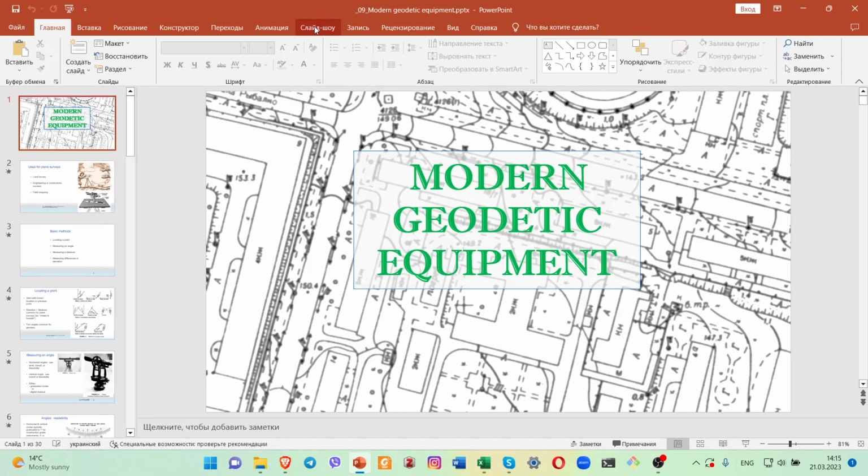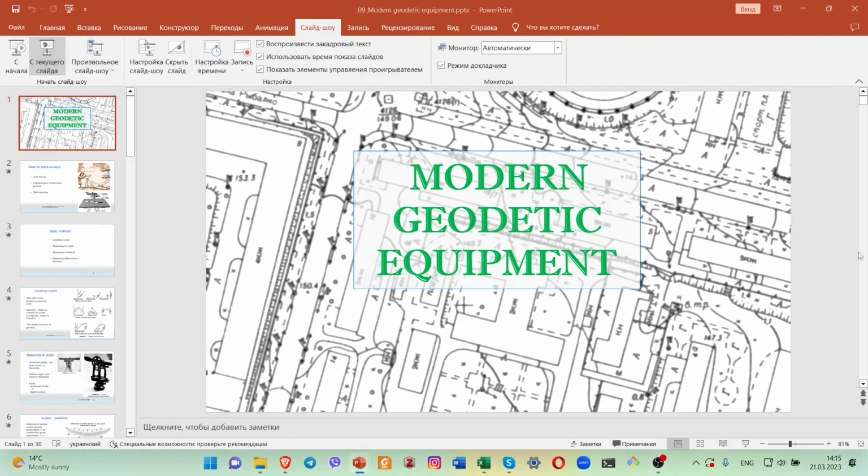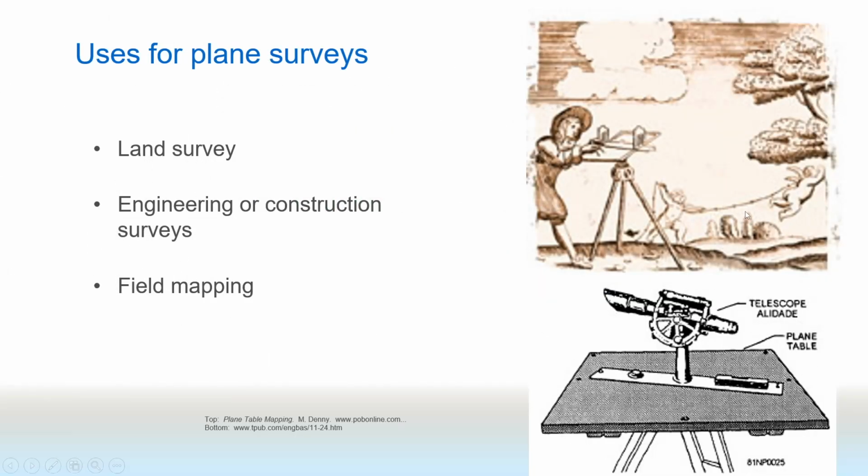Let's speak about modern geodetic equipment. Well, historically, we have used a huge amount of analog instruments for plan surveys, land surveys, engineering or construction surveys, and field mapping.